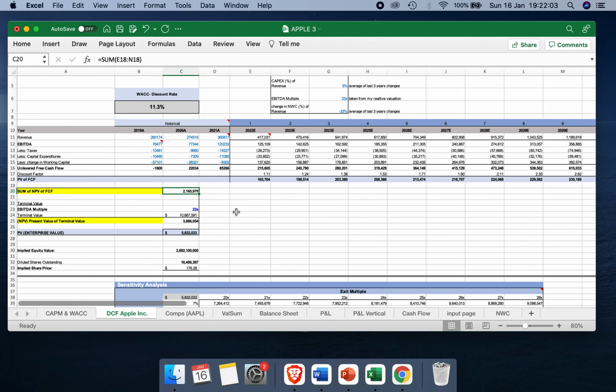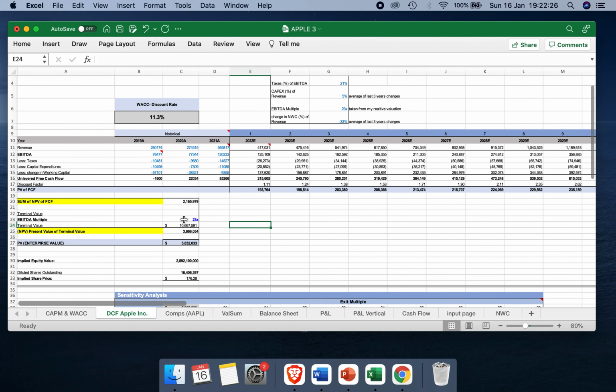Now, the second part of a DCF analysis consists of the terminal value, which is basically the distant future. For that, I used the EBITDA multiple of 23, which I estimated in my relative valuation, and I applied that.